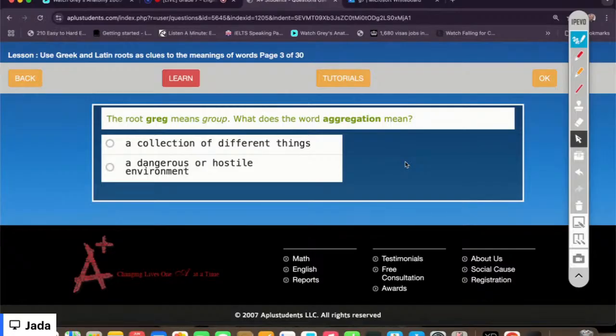So the root greg means group. What does the word aggregation mean? A collection of different things, or a dangerous or hostile environment?